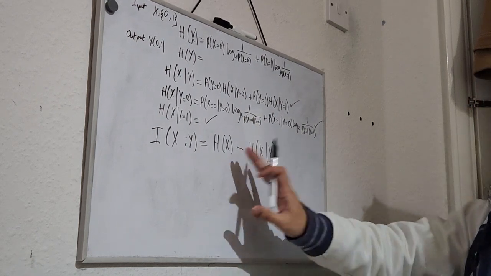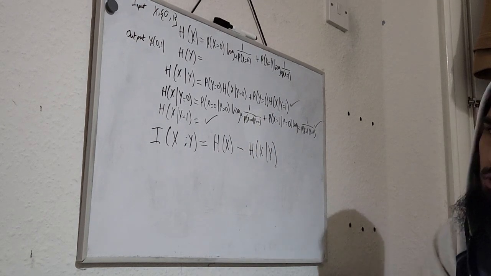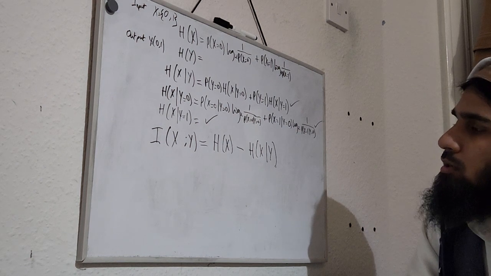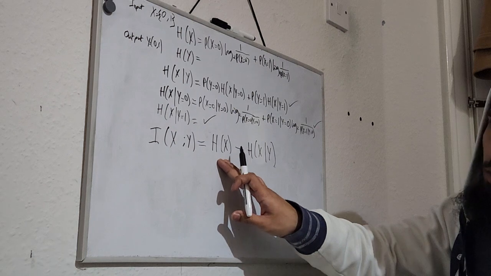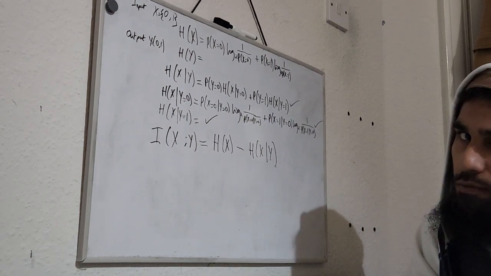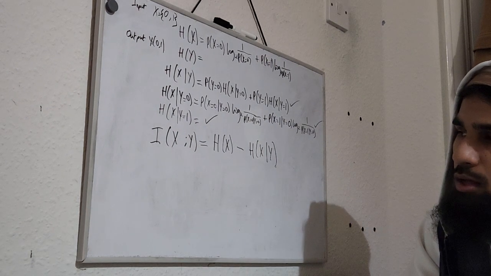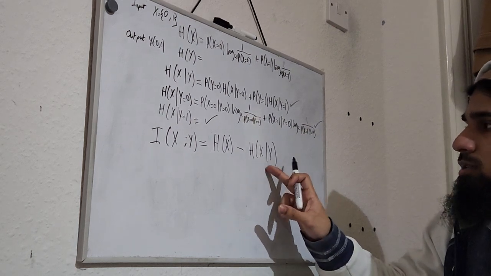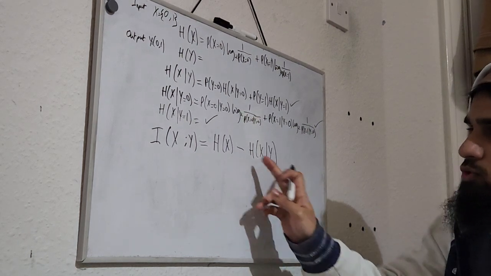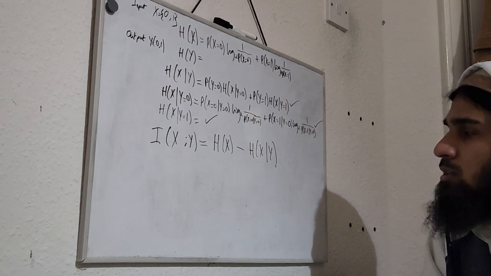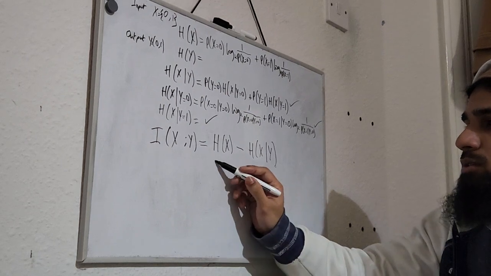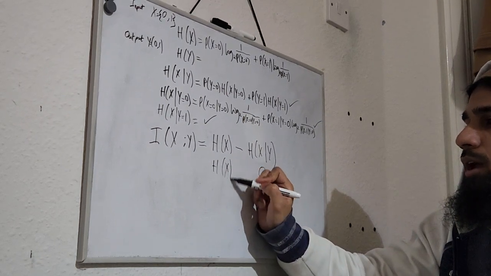So this equation is important. This is the mutual information. H of x is how much information we have, and H of x given y, we subtract from this. So if this is 0, we'll just be left with H of x.